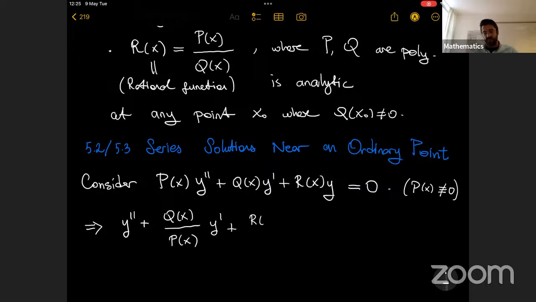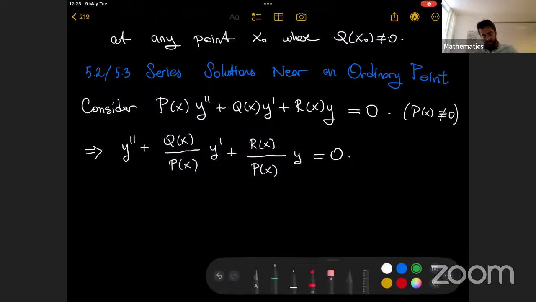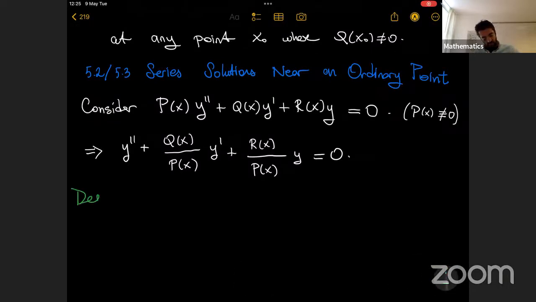P, Q, R are some functions. They are not necessarily polynomials. They can be any functions. And you would like to solve this equation. But let's define what an ordinary point is first.